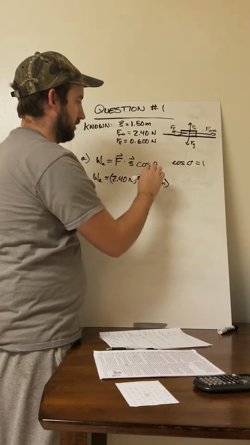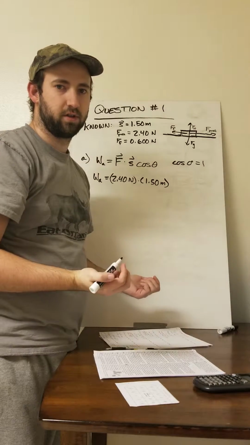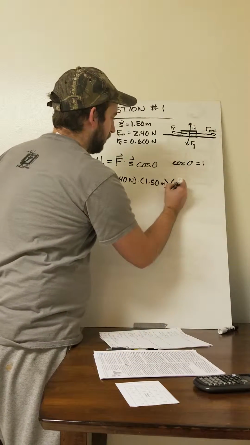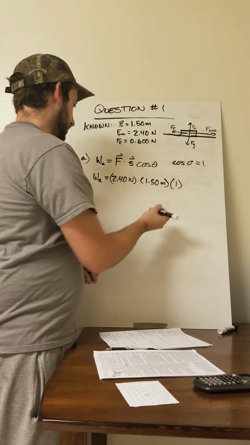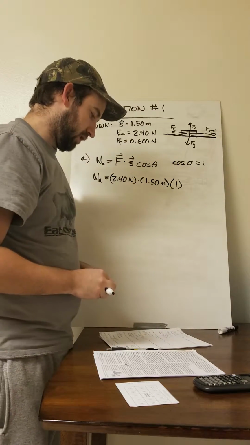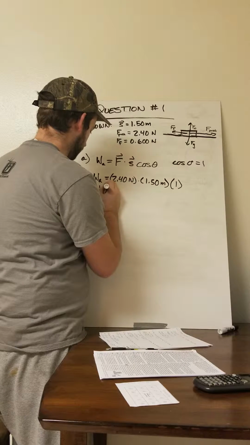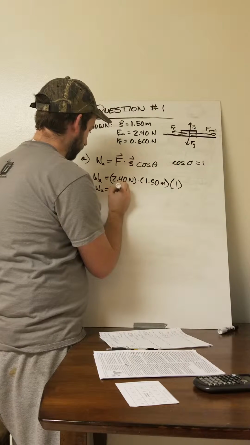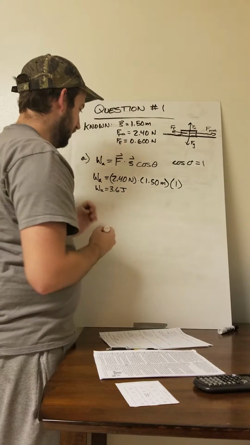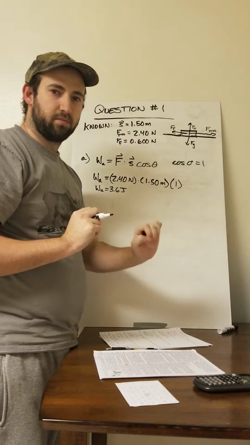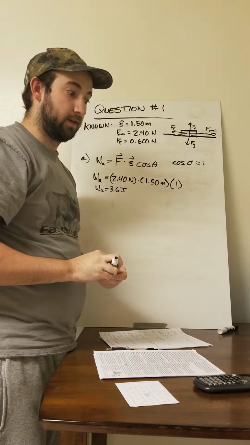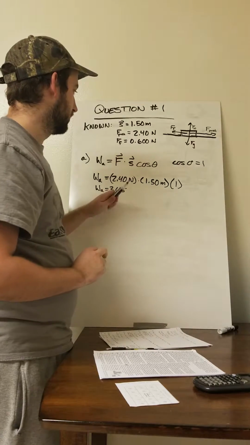And we know, like I said, that cosine of 0 degrees is just 1. When we throw that into the calculator, we end up with 3.6 joules. So the work that's being done when that push is given is 3.6 joules.